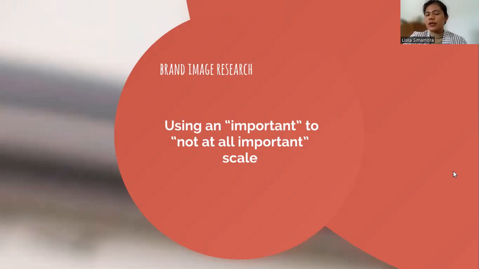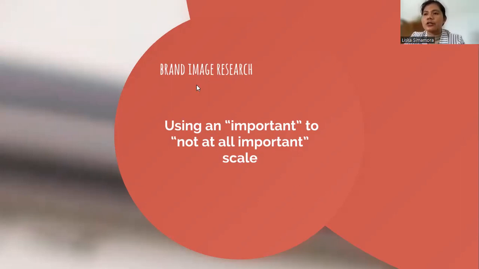And when we want to do brand image research, not only brand image research, to ask all the questions, we have to be clear about the scale we use.